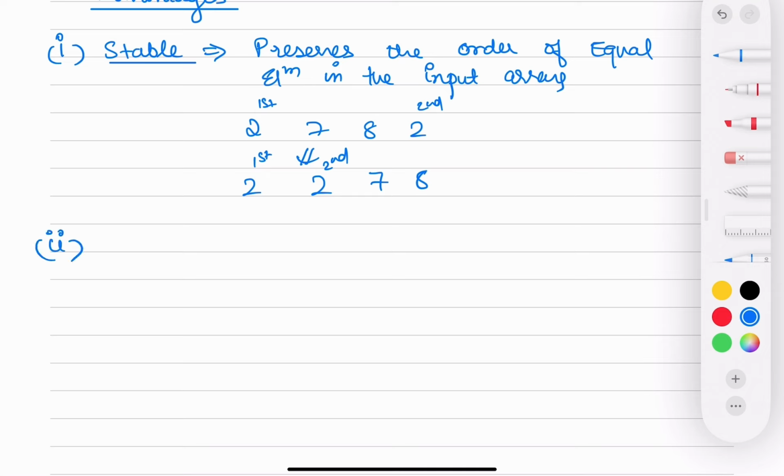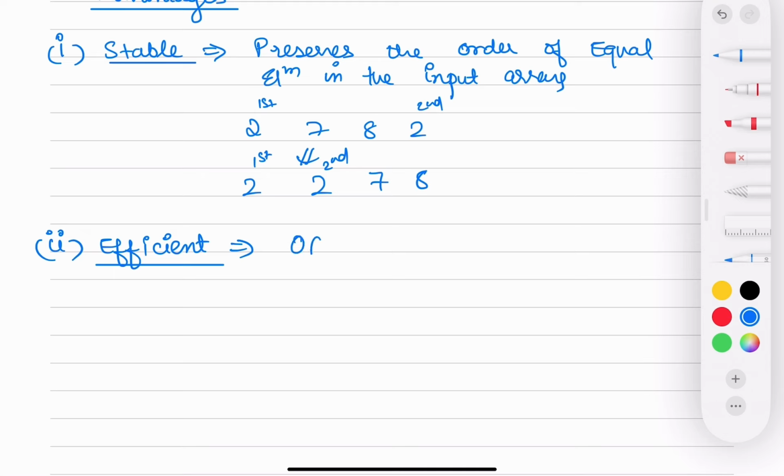Second, it is an efficient algorithm. Why am I saying it's efficient? Because merge sort has a guaranteed time complexity of n log n for all three cases. Remember, it has n log n in the worst case, best case, and average case.